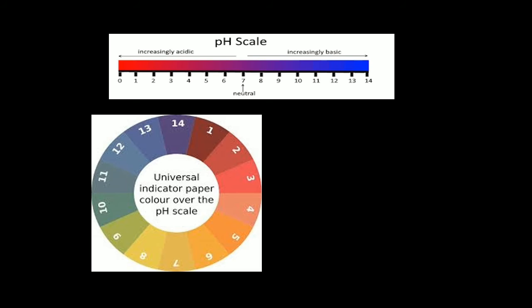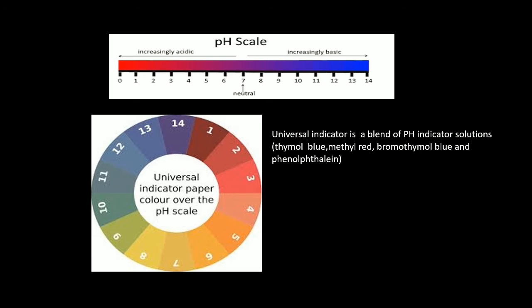This is the universal indicator. Universal indicator paper will lie on the pH scale. What is universal indicator? Universal indicator is actually a blend of different types of dyes.